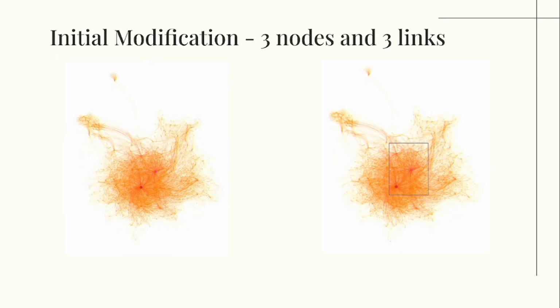So initially, I did a really, really small modification. And this is basically what it's supposed to look like. That little cluster is still supposed to be connected. It's very faint, so I don't think you can see it, but everything is connected here. Even in a regular projector, you can't really see it.